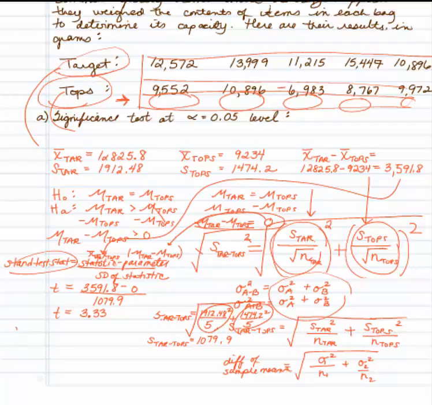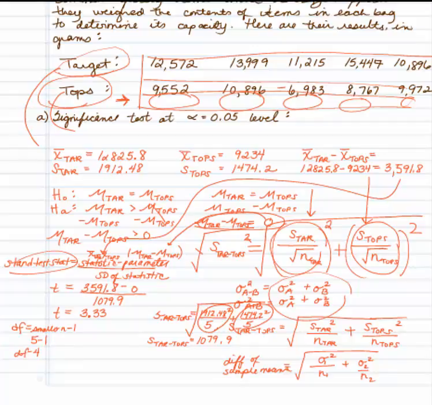And we need to find the degrees of freedom. And like I said, each one doesn't have to be the same. So technically we could have done a sample of 10 times at target and only 5 bags at tops. We didn't actually have to have the same amount. You want to take the smaller number and subtract 1, the smaller n, and subtract 1. Our n's are tied, so 5 minus 1 is 4.